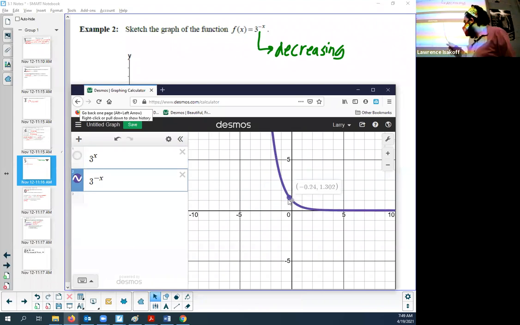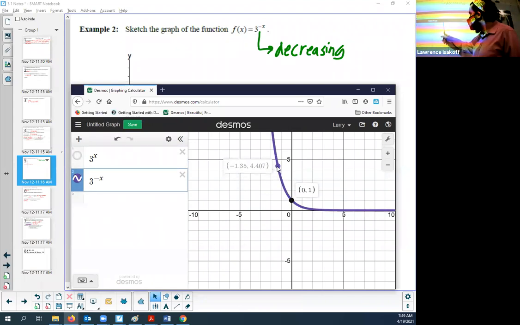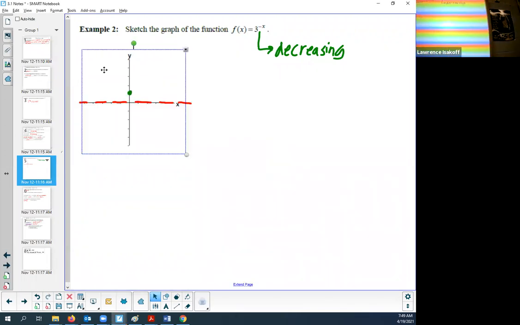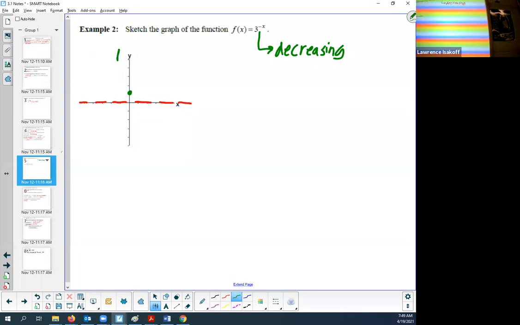So we can confirm that y-intercept is (0, -1). You could find some other values there if you wish. I'm not going to worry too much about that, but I'm going to draw a nice curve because it's 3 to the negative x. So this is decreasing or decaying.